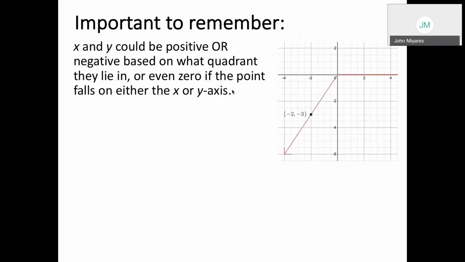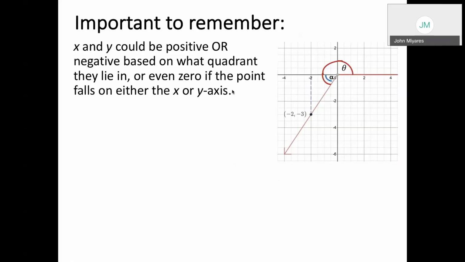So the first thing we'll do is drop a perpendicular back to the nearest x-axis, which is what I've done here. Although the angle itself may measure all the way around from the positive x-axis into quadrant 3, the reference angle will just be the acute angle between the terminal side of the angle and the closest x-axis.